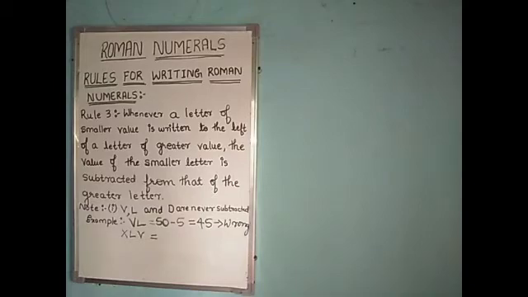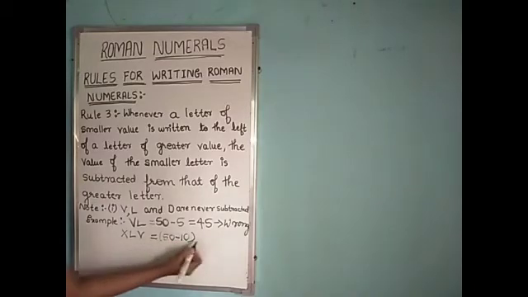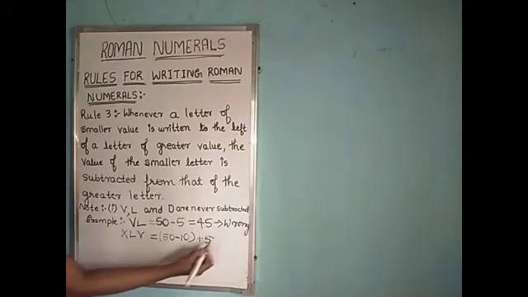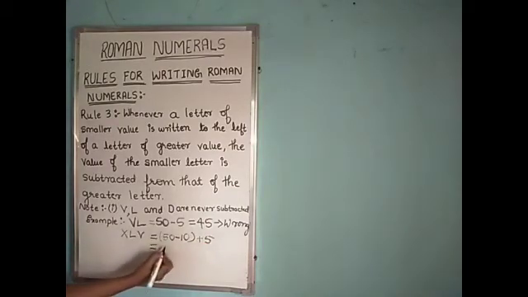We have to subtract 10 from 50, plus, what is the numeric value of V? The numeric value of V is 5. 50 minus 10 is 40. 40 plus 5 is 45.